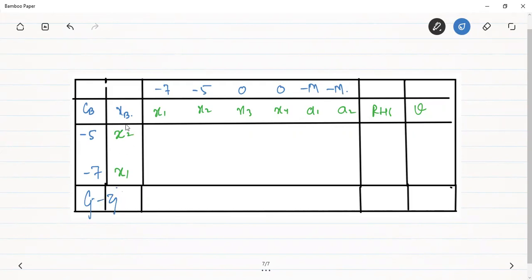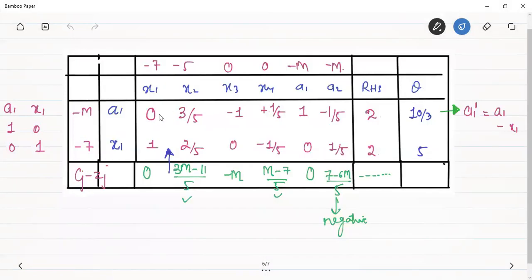Okay, now we have introduced the new variable, that is x2, and the elements of this x2 row will be given by dividing the previous A2 row, that is, dividing the key row by the key element. Now you can see that the key element is this, the intersection of the key row with the key column. So this becomes 0 by 3 by 5, which is 0. 3 by 5 divided by 3 by 5 will be equal to 1.